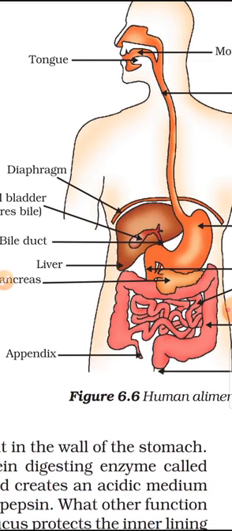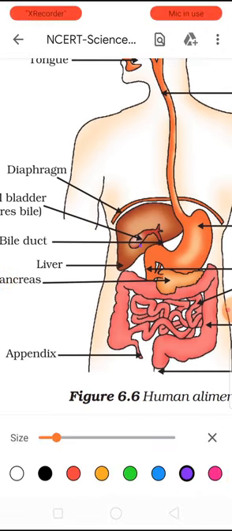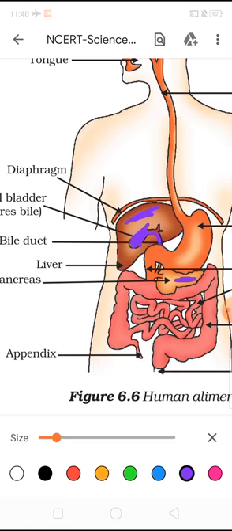Yes, this portion is your gallbladder. This is your liver. Liver secretes bile, storing it in the gallbladder. This is the pancreas, making pancreatic juice. Bile comes downward from the back of the stomach. It will not come from the front, it will come from the back side, and it will pour downward.